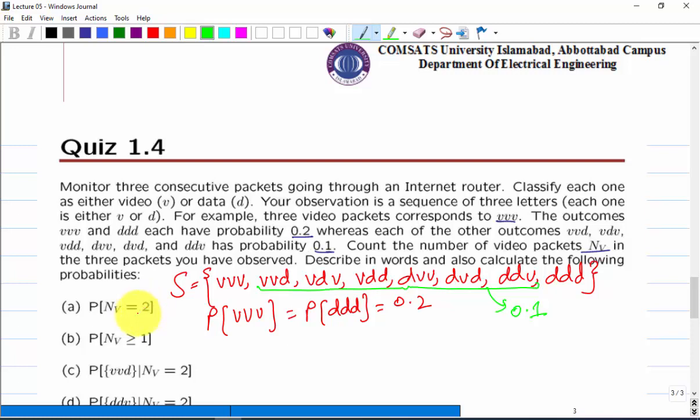Here it also asks us to describe in words and also calculate the following probabilities. So we will solve part A. Probability of NV equal to 2.